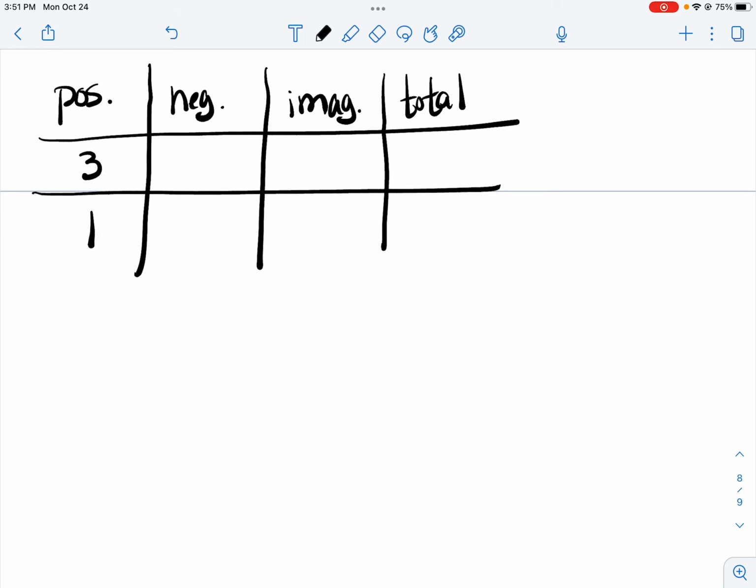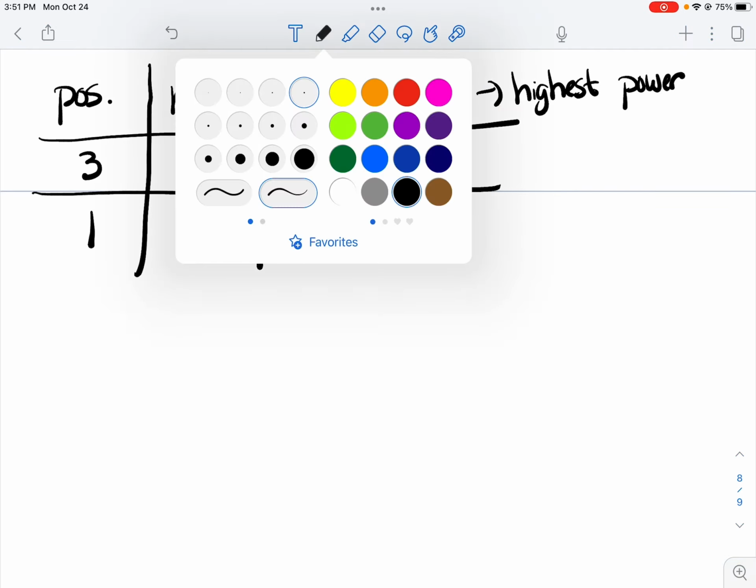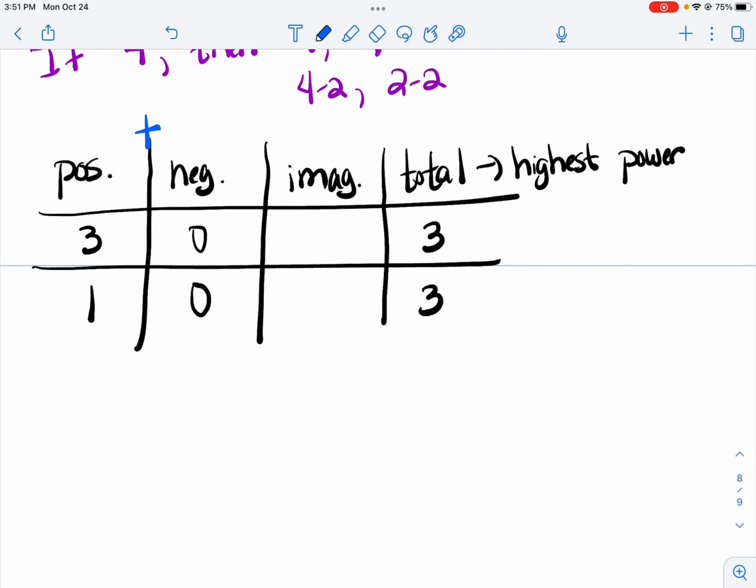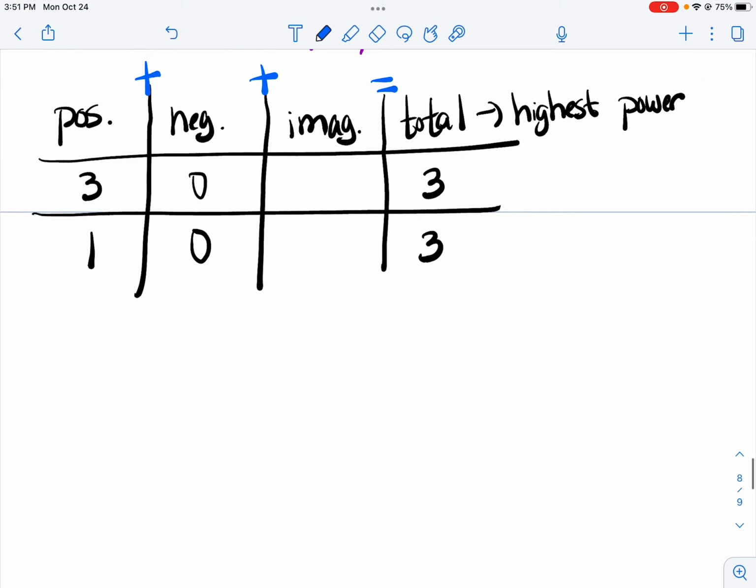So we could have had either 3 or 1 positive zeros, and we had no negative zeros. My total is 3 here because that's the highest power. And I want the number of positive plus the number of negative to equal that total.